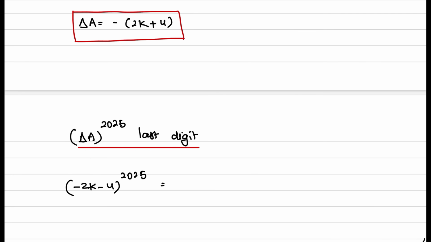That will be equal to minus 2 to the power of 2025 into k plus 2 to the power of 2025. Power is an odd one, hence this value is a negative value. And minus 2 to the power of 2025 is multiplied by k plus 2.